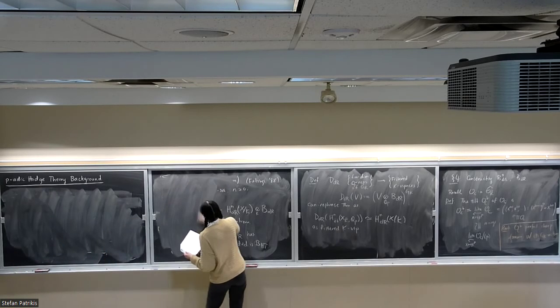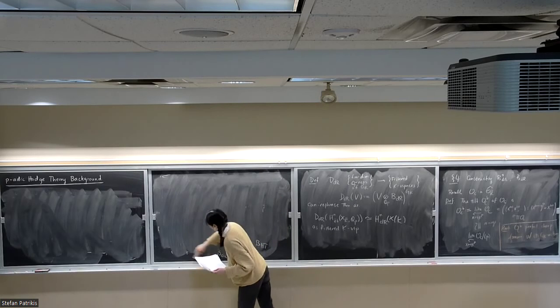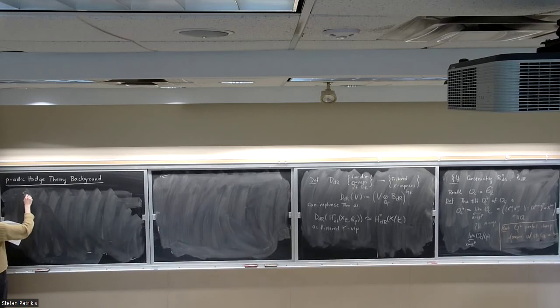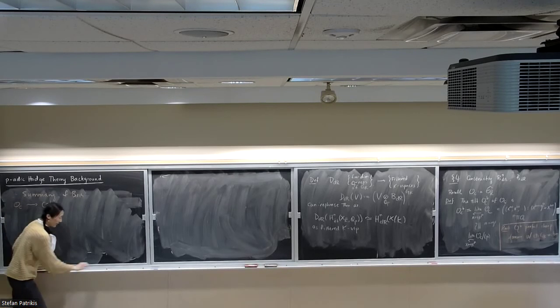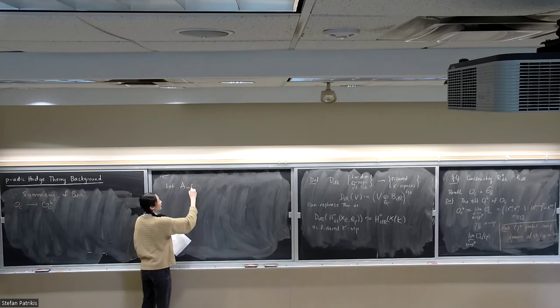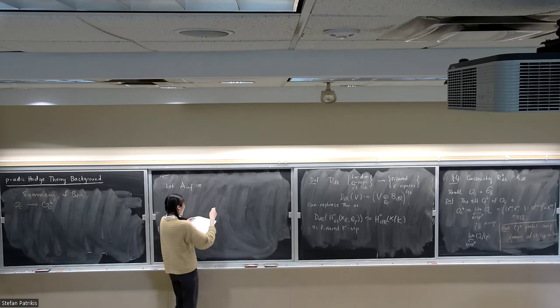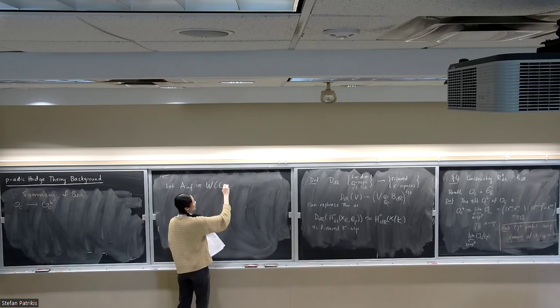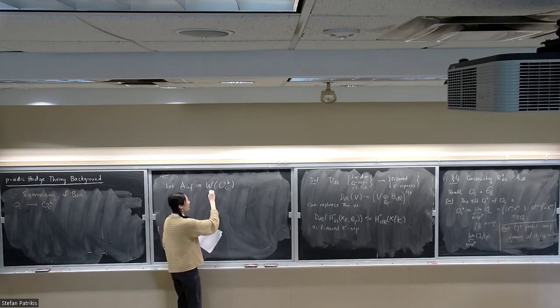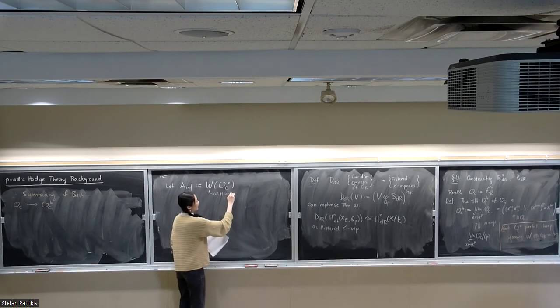Then we define the next step. Let me keep a running summary of how we are constructing B-dR. So we had our OC, and so far we've built OC tilt, and then we'll keep going. The next step is to define A_inf. A_inf is the ring of Witt vectors of OC tilt, because we know that OC tilt is a perfect F_p algebra, so we are able to take the Witt vectors of it.